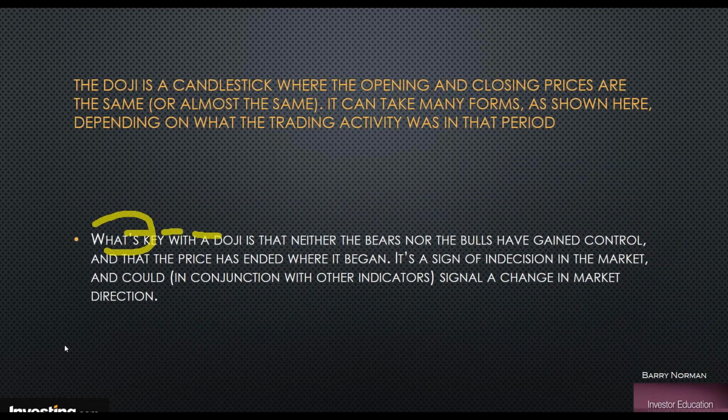But a doji is a candlestick where the open and closing prices are the same or almost the same. It can take many forms depending on what trading activity was in that period. So this is the first time that you're actually going to have to look at what is happening on the chart. Not the previous candle, but you're going to have to be looking and understanding what is happening on the chart to actually interpret a doji.